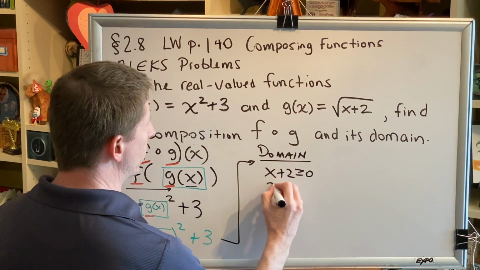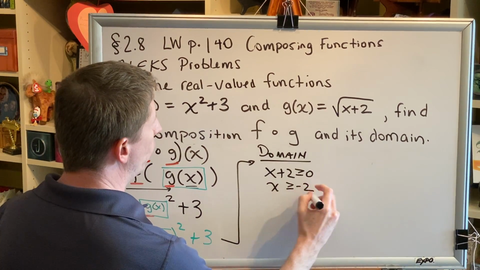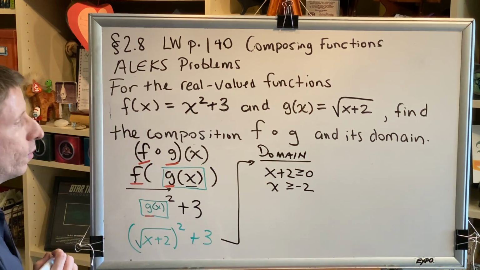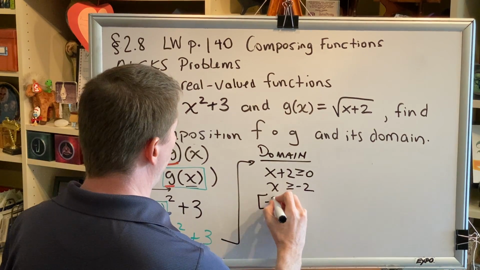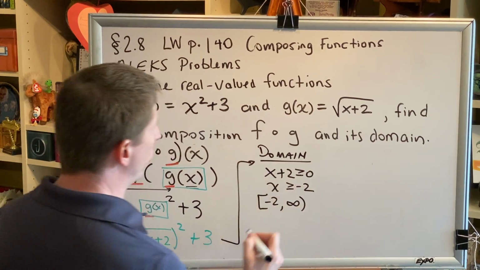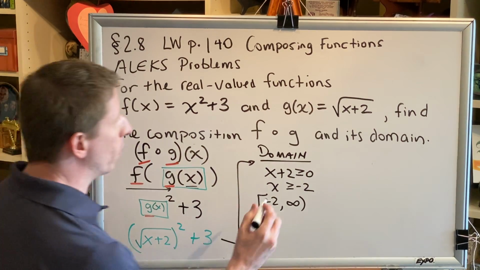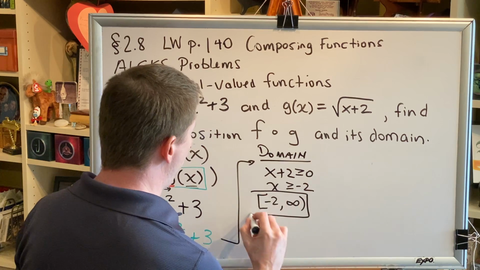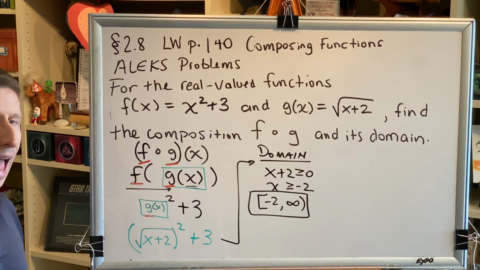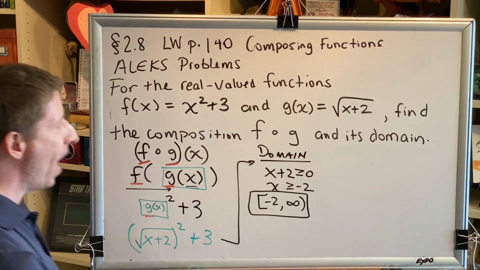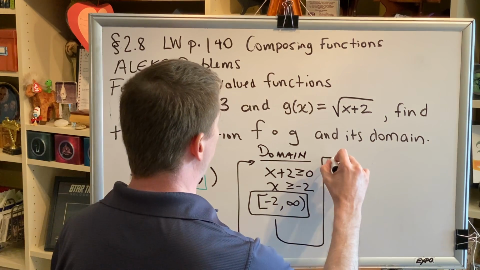Solving this by subtracting 2 on both sides, we get x is greater than or equal to negative 2, which is the interval bracket negative 2 comma infinity parentheses. There are no logs or denominators in this problem. Therefore, this is our final answer for the domain as an interval. Now we will go back and continue simplifying.